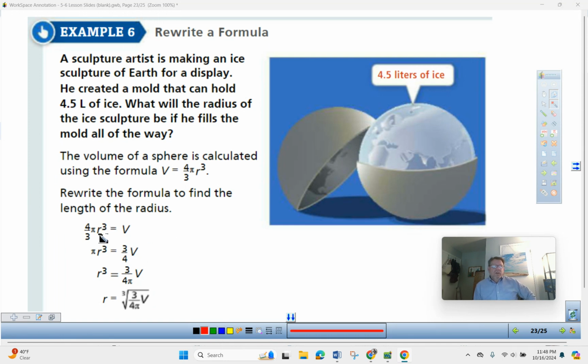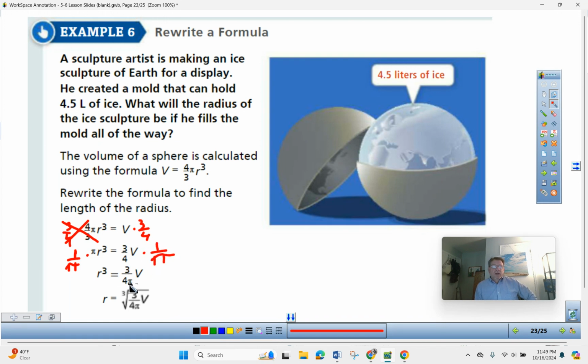So how did they go about doing it? To get r by itself, the 4/3 and pi and the cube got to go. The first thing they attacked was the 4/3, so they multiplied both sides by 3/4. So these things go away, and now you've got pi r cubed and then 3/4 V. Then you could divide by pi, but a better choice is to multiply by 1/pi on both sides.